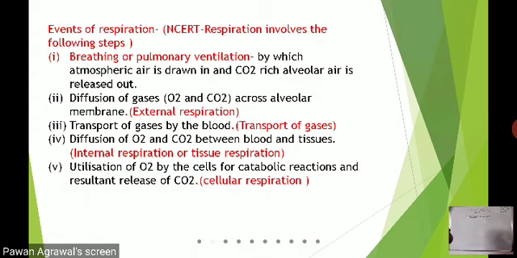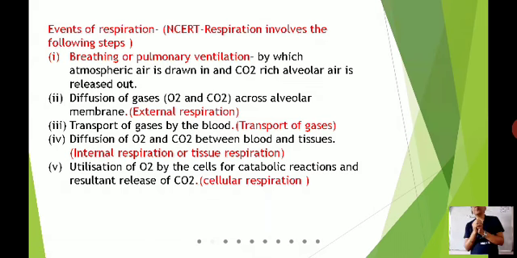So see what happened in the first step. What is the first step? That is breathing, or pulmonary ventilation. It is simple inhalation and exhalation. Oxygen-rich air is coming into the lungs and CO2-rich air is going out into the atmosphere. That is breathing. Now the second one, that is the diffusion of gases.